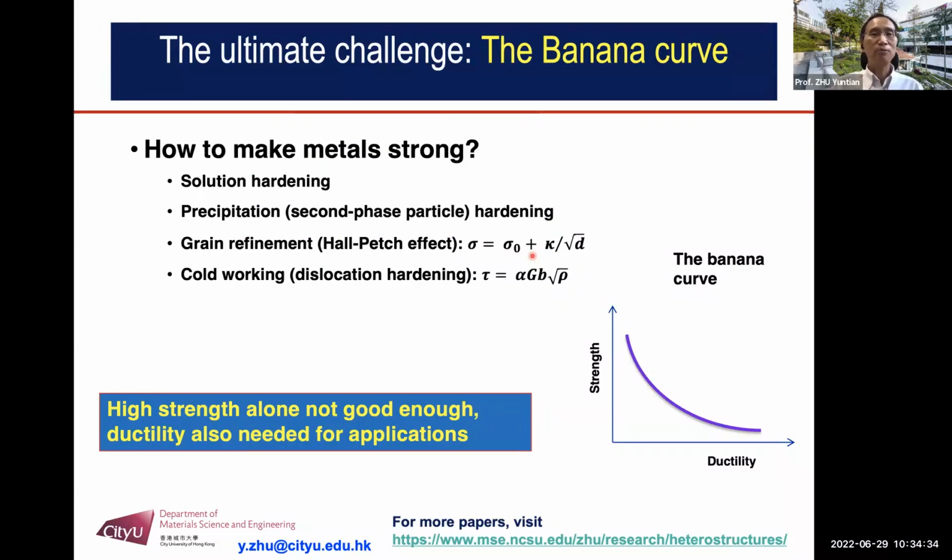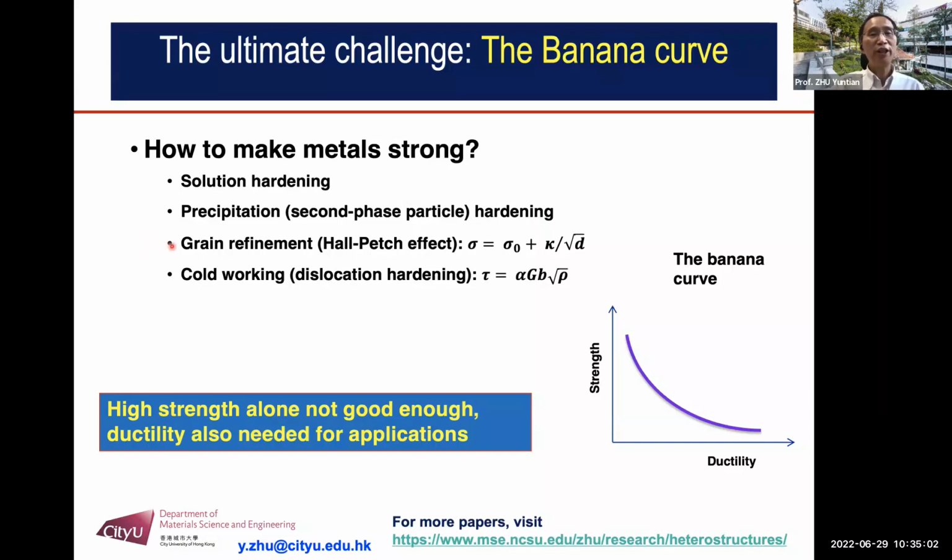If you look at our textbook, there are several ways. One way is solution hardening. You add alloy elements to make solid solution hardening. Then you can have precipitation hardening. It's also called second phase hardening, and this is very important for aluminum and magnesium alloys. That's the primary way for them to improve their strength.